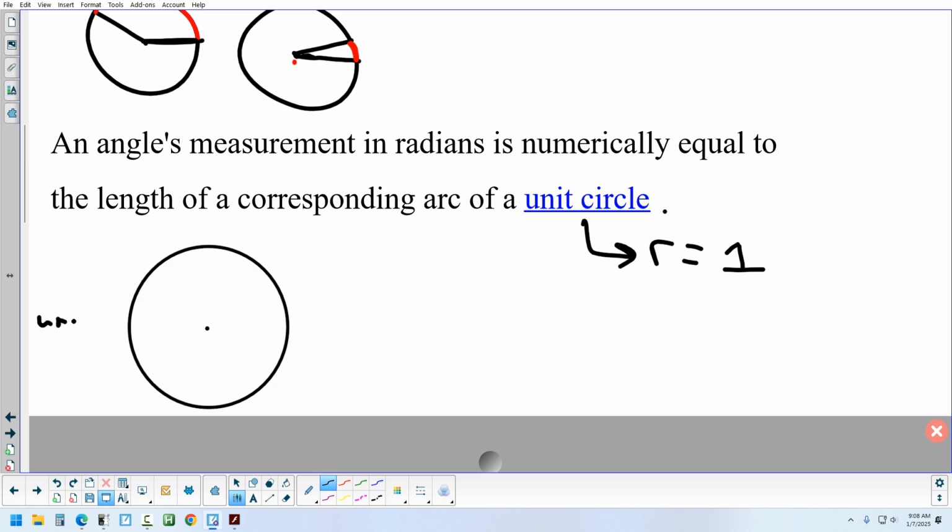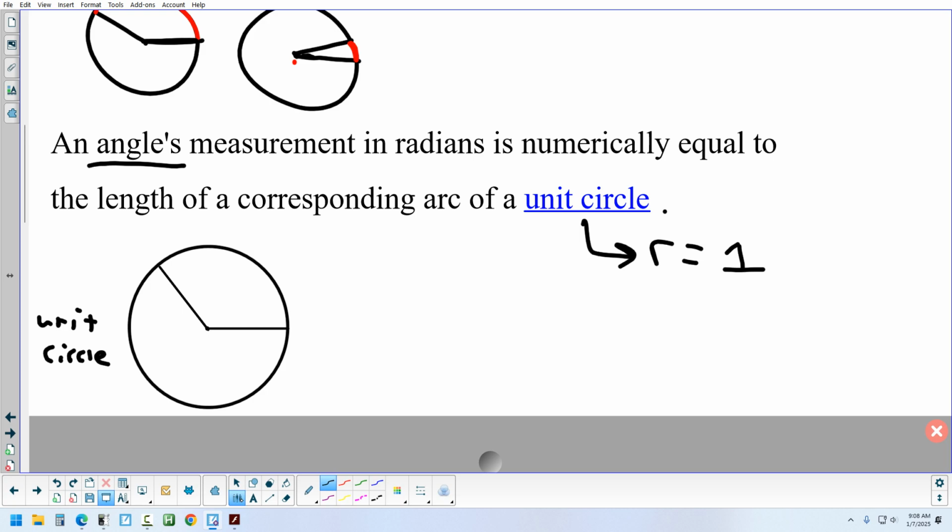So this is a unit circle. It says if you have an angle, and I need to draw it in this circle, so let me draw an angle in the unit circle. Here is an angle, just like that. Now I have an angle in the circle.